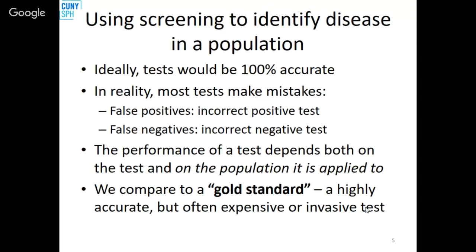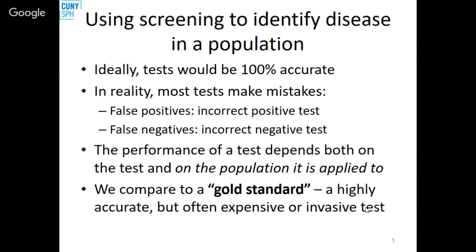So in the case of something like, do NFL players get chronic traumatic encephalopathy? The gold standard there can only be done posthumously after death. So in general, it's something that is not practical to do for everyone, but it's the only way to actually get the truth and to compare the screening test to.